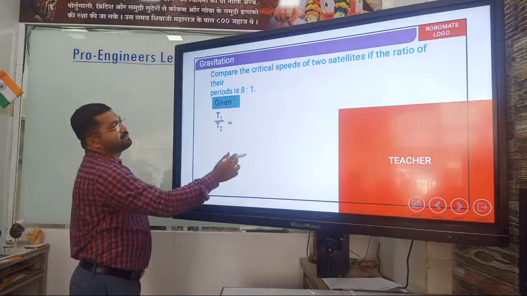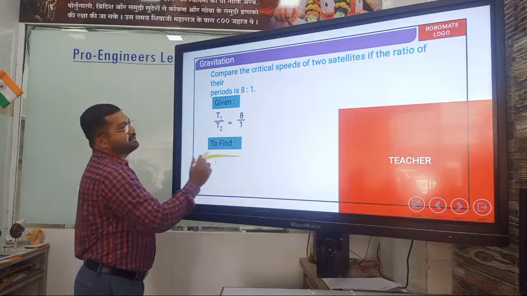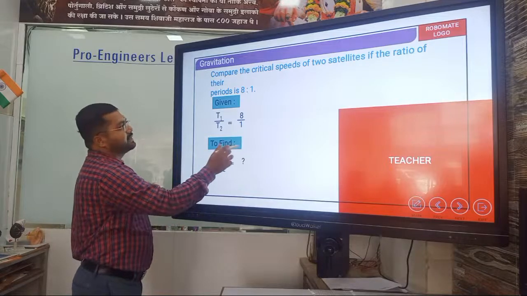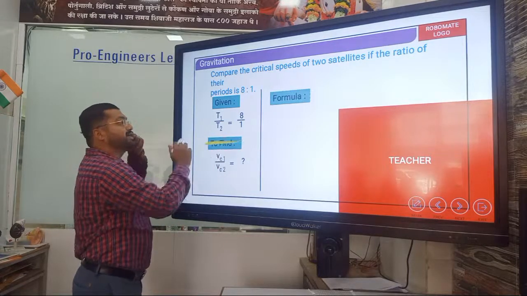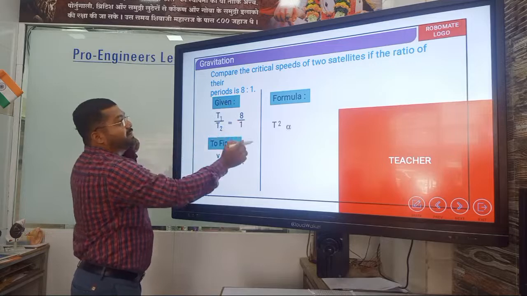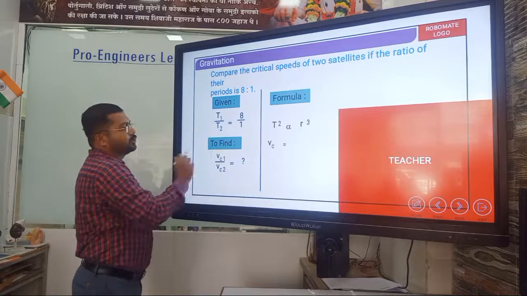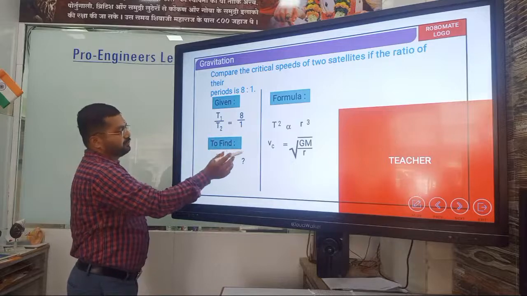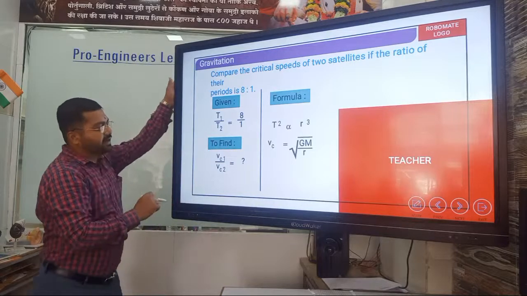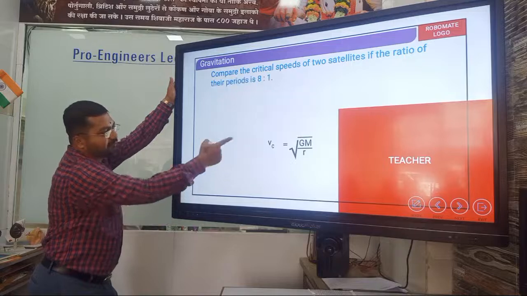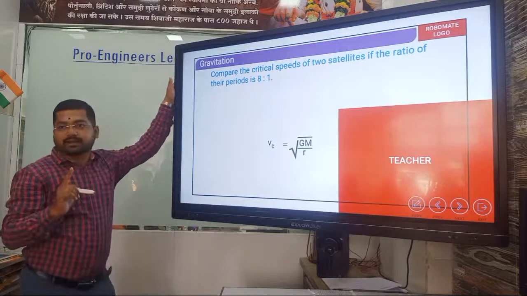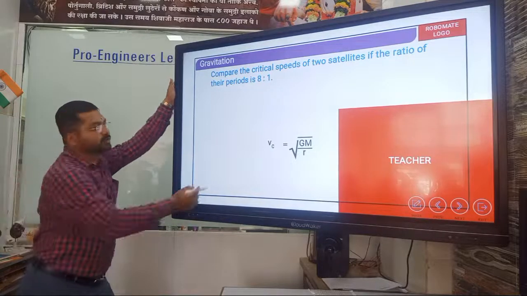Compare the critical speeds of two satellites if the ratio of their periods is 8:1. Which ratio? Critical speeds of two satellites. So T1 and T2. To find VC1 and VC2, we have the formula T square is directly proportional to R cube.